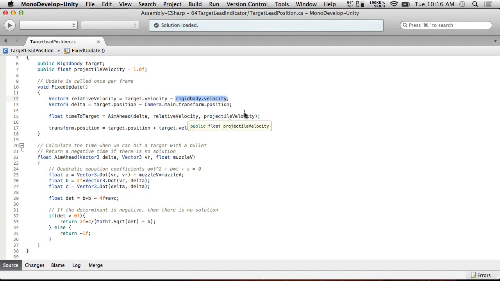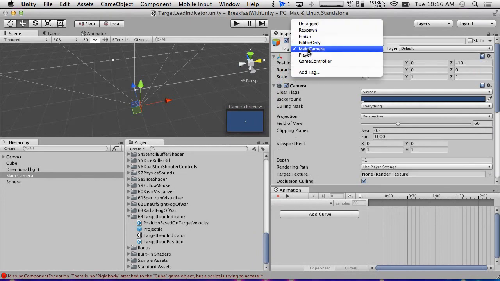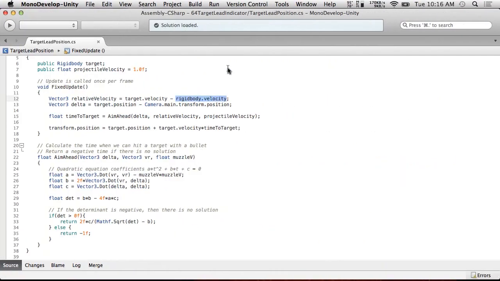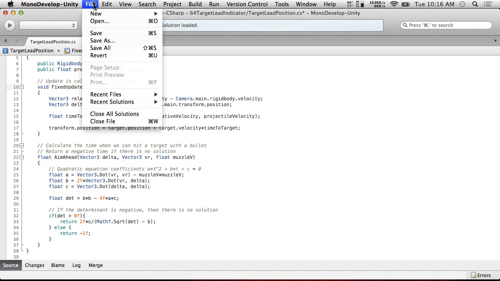This script is attached to the little target lead indicator itself. So I'm going to just mark the camera as a player, or main camera. Actually, I can just do camera.main. That's fine. So we'll just do camera.main.rigidbody.velocity. Save.